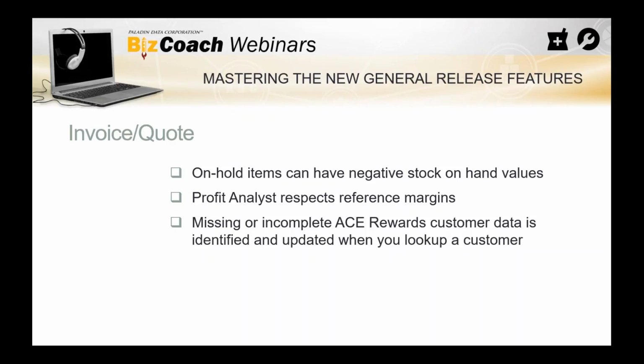Well, now it's live, connected directly to AceNet, so when the box pops up, it gives you an opportunity to add changes, and it highlights in yellow what needs to be added. So if their phone number isn't in there or their address is incorrect, you can update that right in Paladin, right at checkout, right when you have the customer in front of you, then hit save, and it takes care of that.